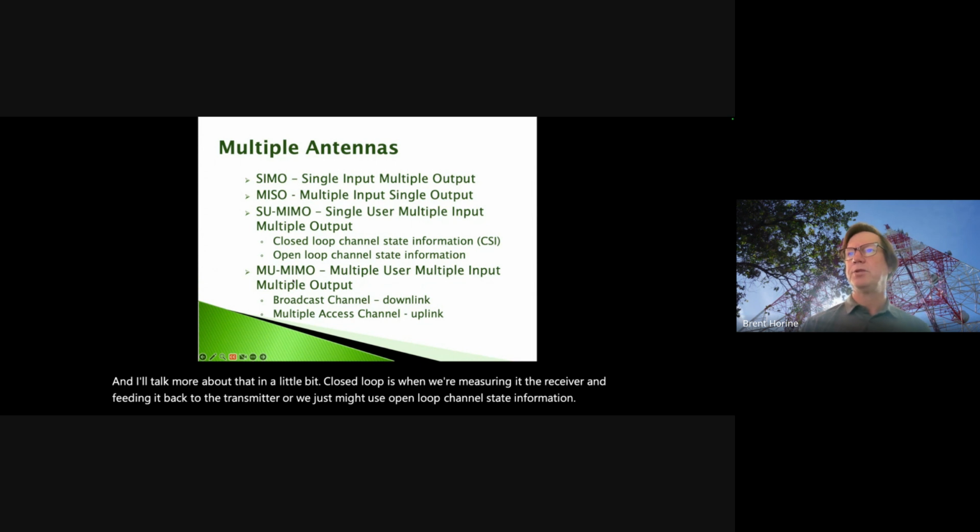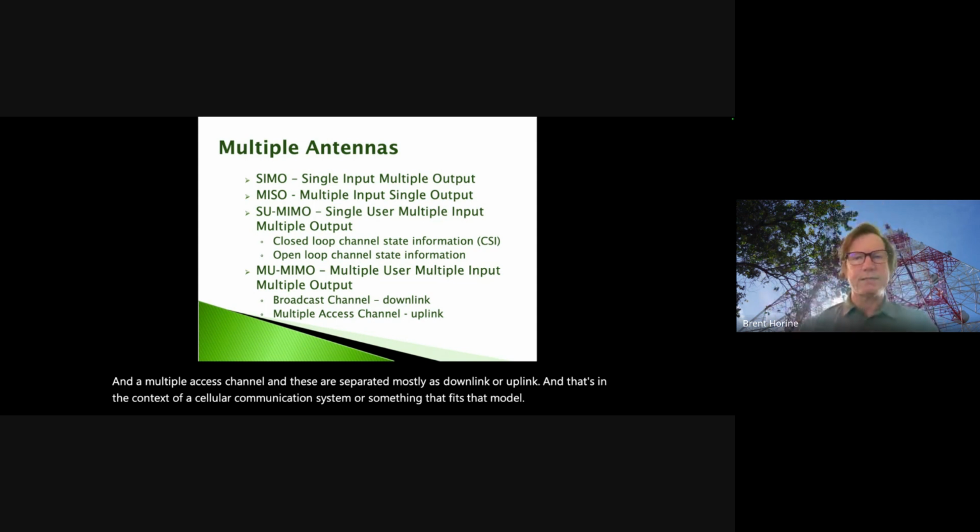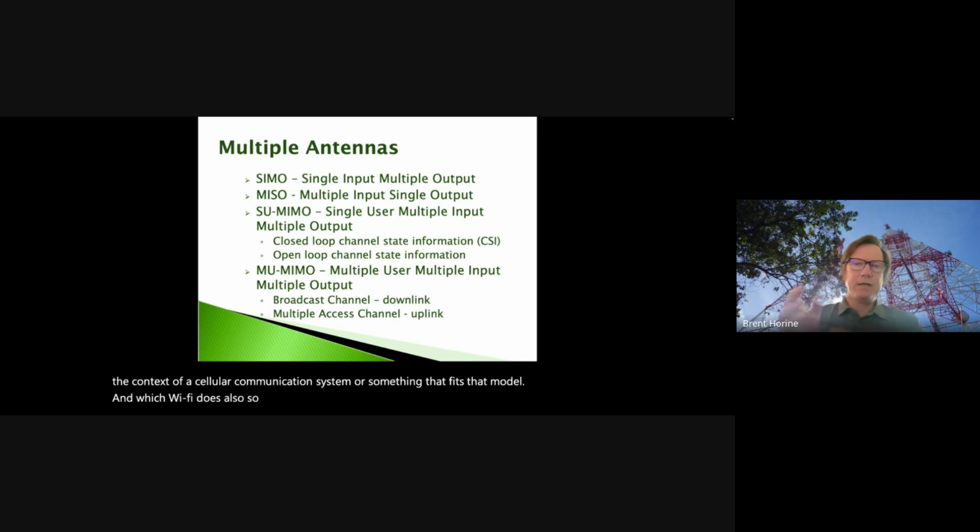In multiple user MIMO situation, we can have what we call a broadcast channel and a multiple access channel. And these are separated mostly as downlink or uplink. And that's in the context of a cellular communication system or something that fits that model, which Wi-Fi does also. So the idea, we have a base station and then multiple user equipment, UEs, or subscriber units, sometimes called SUs, right?